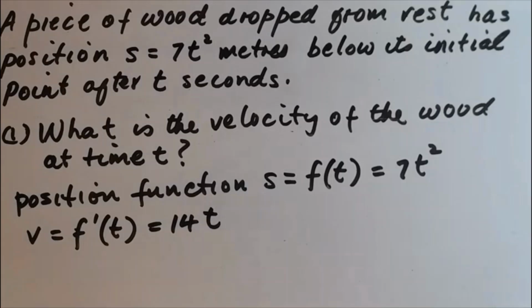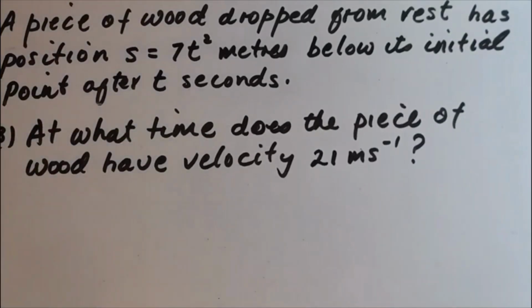So now that we know our velocity function is 14t, we'll be able to calculate the velocity at any time. At what time does the piece of wood have a velocity of 21 meters per second?